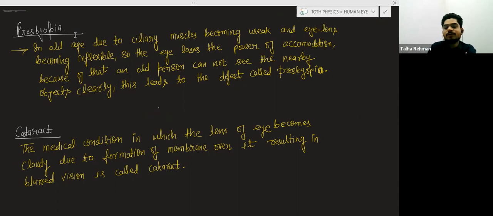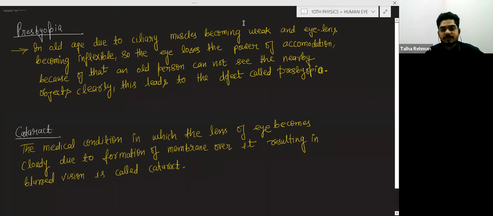So the eye loses the power of accommodation, and this defect is known as presbyopia. Because of that, an old person cannot see the nearby objects clearly.